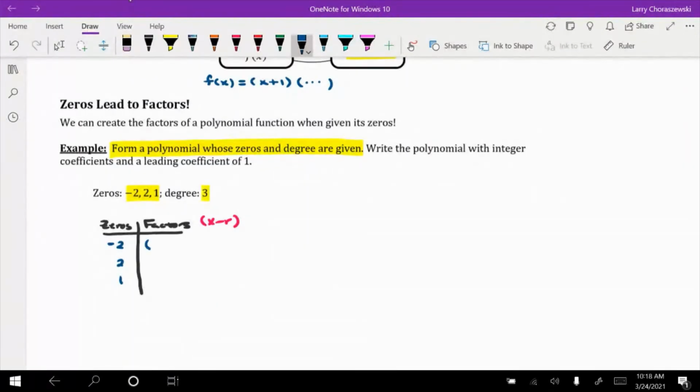The factor associated with it would be x minus -2, which simplifies to x plus 2. What would the second factor be based on the second zero? x minus 2. Last factor?